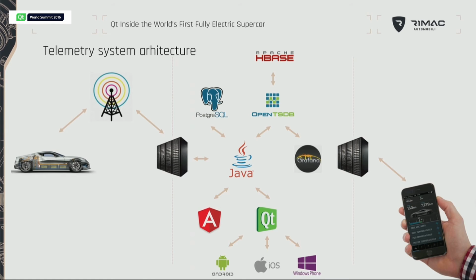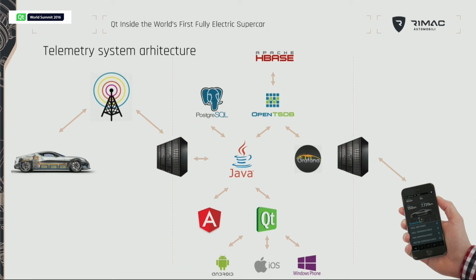We do not only develop vehicle technology in the vehicle, but we also do the telemetry systems. All of our cars are connected to the internet, and they send telemetry information to our servers that then store and analyze this data.